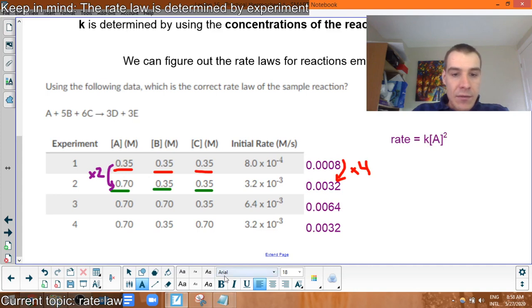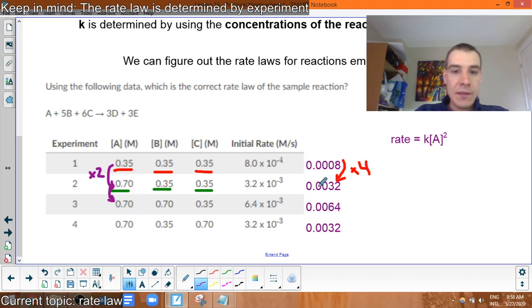Then what did they do? Well, they played with the amount of B, right? They kept this the same, so that stayed doubled. So we expect the 0.32 to stick around, but then they also doubled B, right? They doubled B times 2.